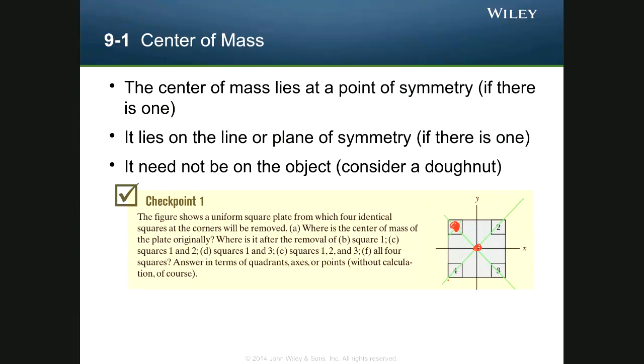Okay. So we'll see that for D, when we remove 1 and 3, we'll be at the origin. All right? Now, let's take a look here and remove 1, 2, and 3, I believe is part E, right? So we'll just take those out.